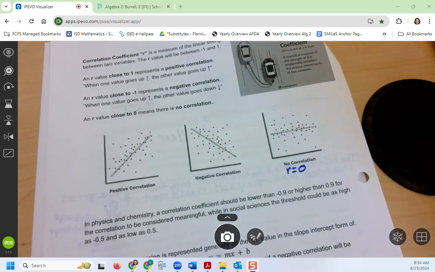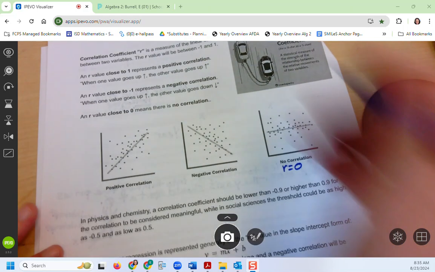But if you really have points that line up, you're going to have either a positive 0.9 or a positive 1, or a negative 0.9 or a negative 1. So being close to positive 1 or negative 1 lets you know that your points are really lining up. Being close to 0 lets you know your points are really scattered. Wait, being close to what lets you know it's lined up?